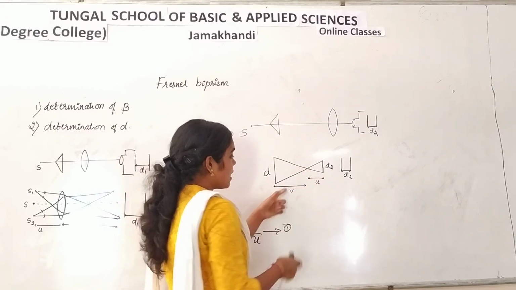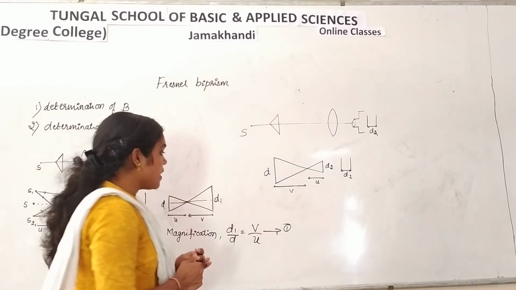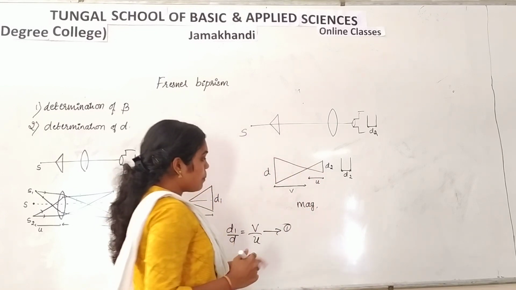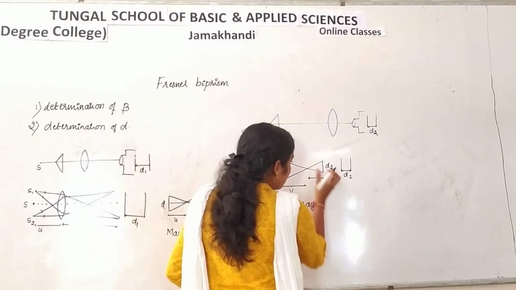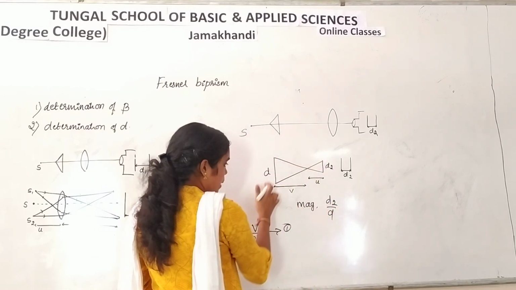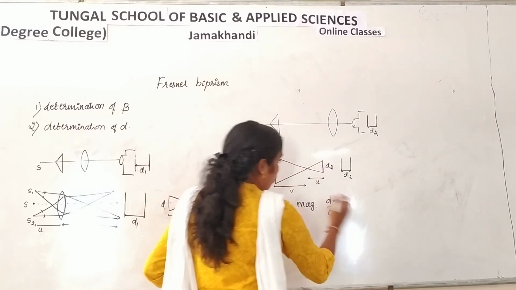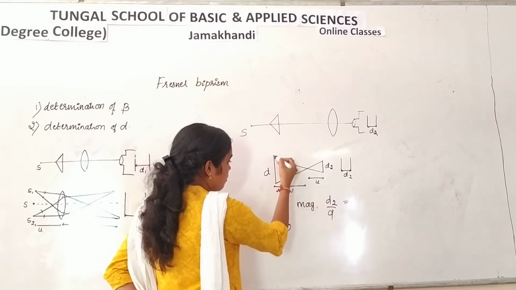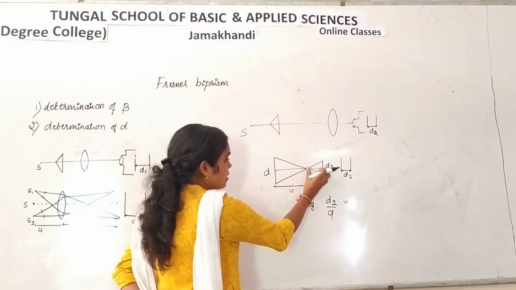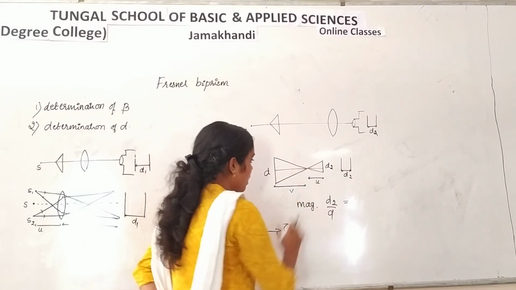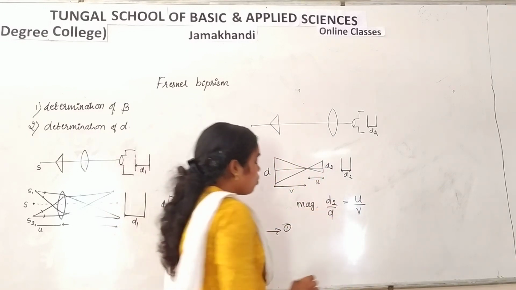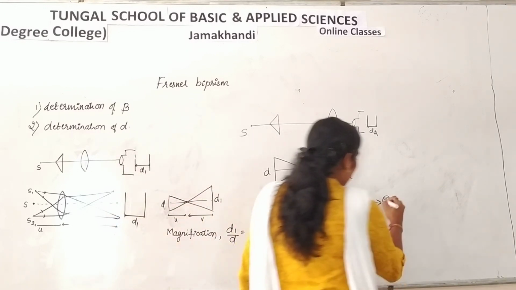From this, if you write the expression for the magnification, from this diagram, magnification is equal to d2 divided by d. This distance divided by this distance, and from the geometry that is equal to this distance divided by this distance. This is equal to u and this is equal to v. So we can write u divided by v, and call this equation 2.